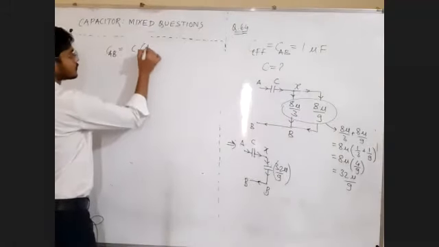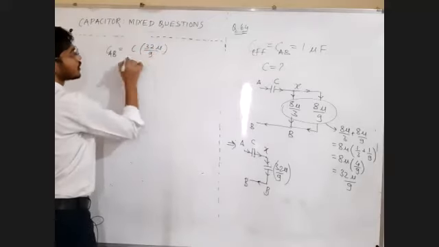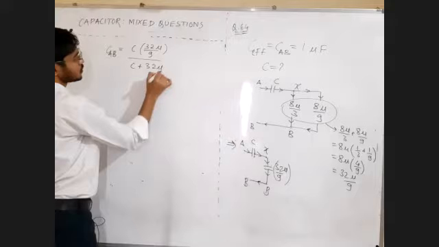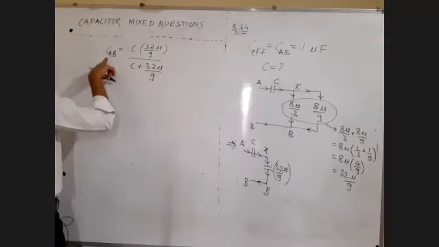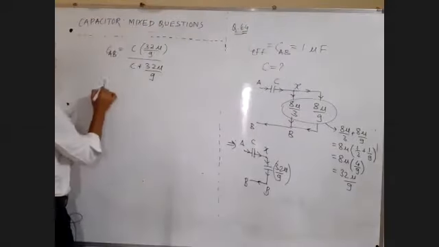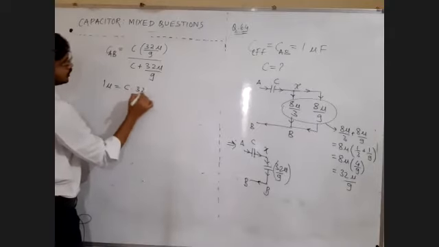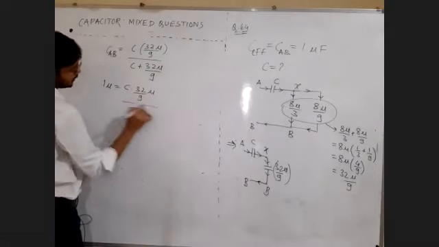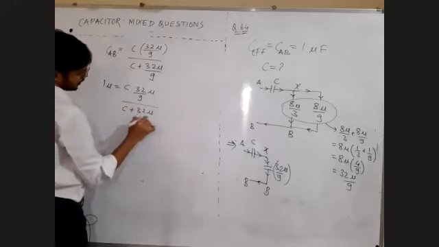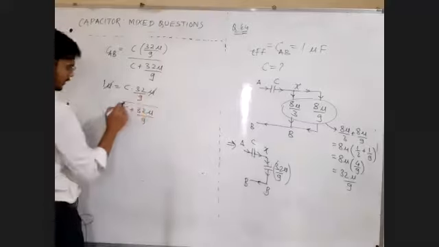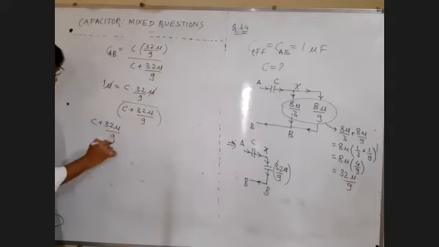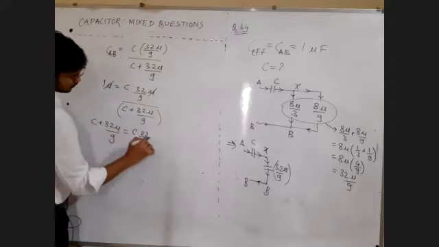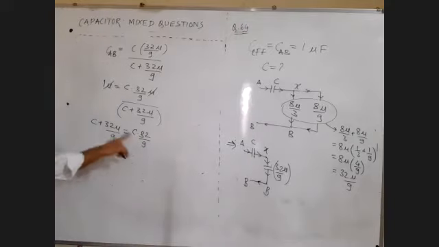So C1 C2 upon C1 plus C2. Since this value is already given to us, write it as 9, not as G. Capacity between points A and B is 1 micro. So 1 micro is equal to C into 32 micro upon 9, divided by C plus 32 micro upon 9. Micro cancels. This C goes on the right hand side because this value is more.